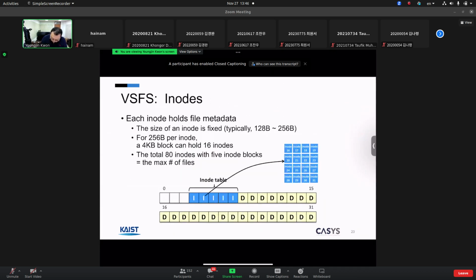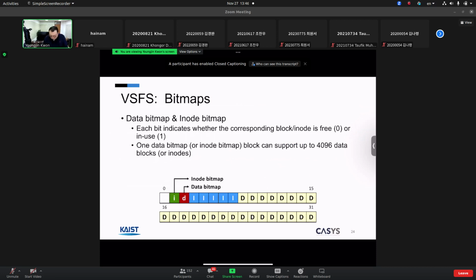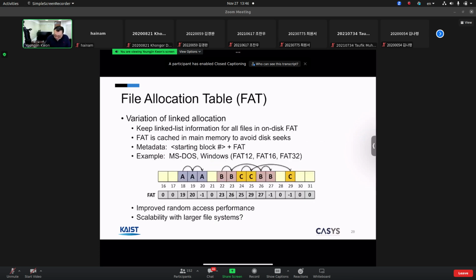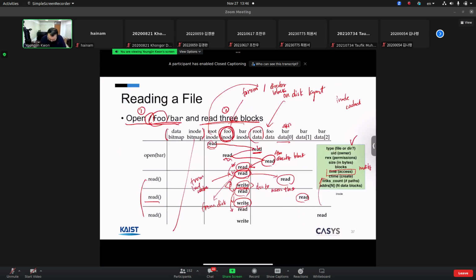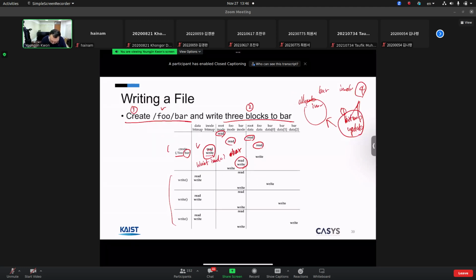So to allocate bar, first you update the inode bitmap, and then start using the inode for bar. These two blocks, the actual inode and the bitmap, provide allocation information for the bar inode. So update the inode bitmap first, and then the actual inode. That comes to this inode operation. Then foo inode, right?